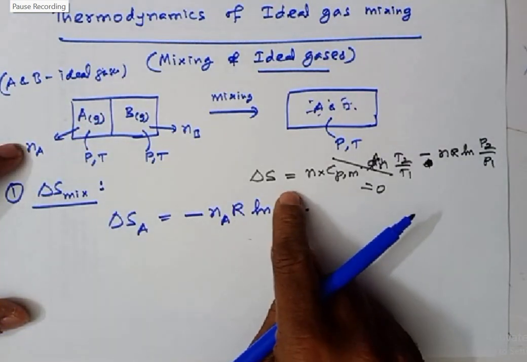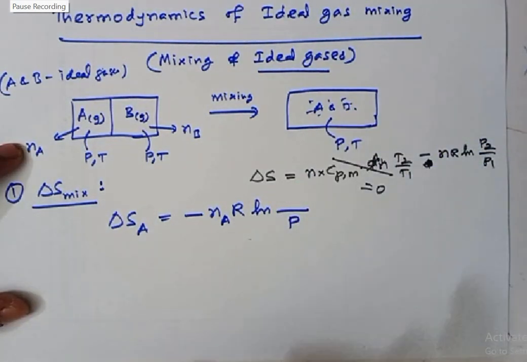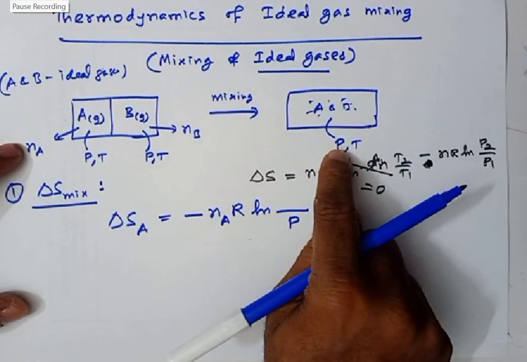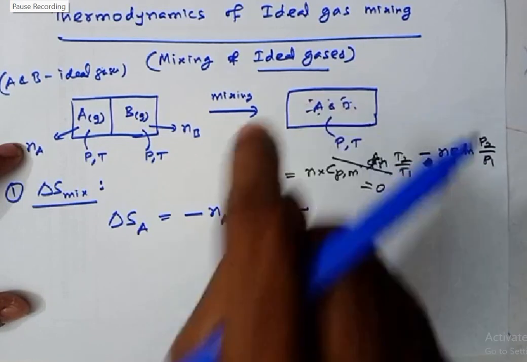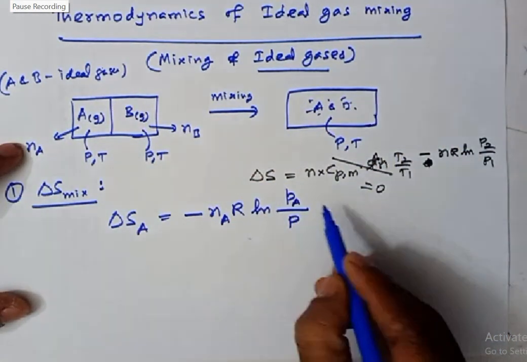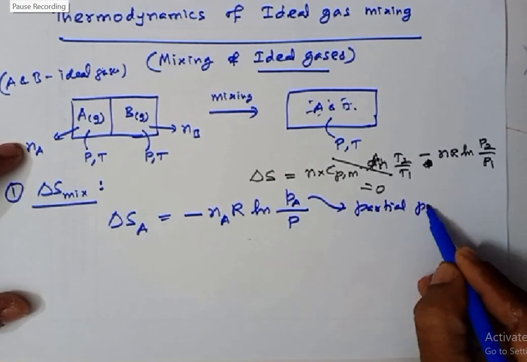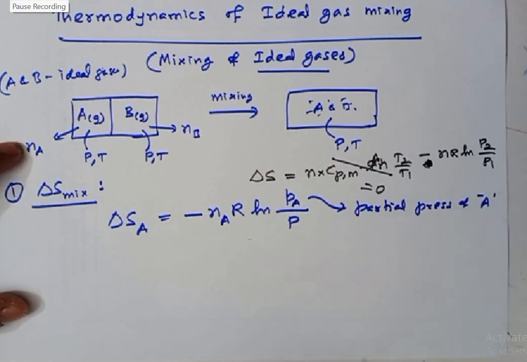Now we need to find out the final pressure of A in the mixture. Observe carefully. This P is total pressure, but we need to find out what is the pressure of A in the mixture. It is called partial pressure. Let me write this as PA. PA is nothing but the partial pressure of A in the mixture.